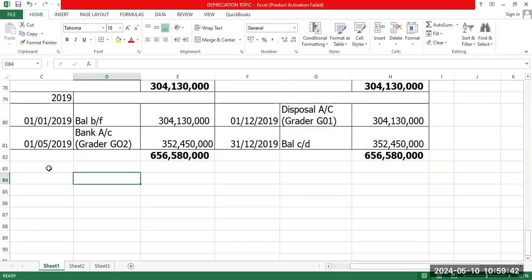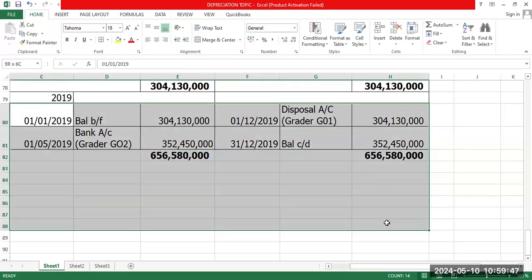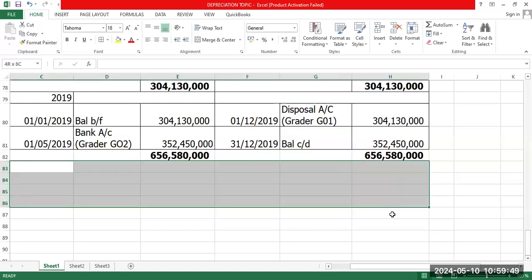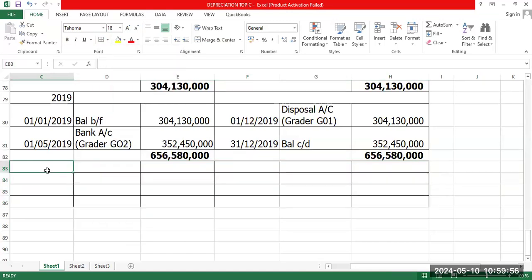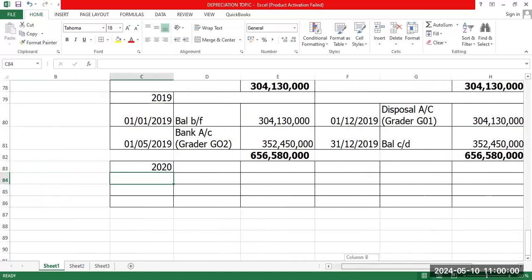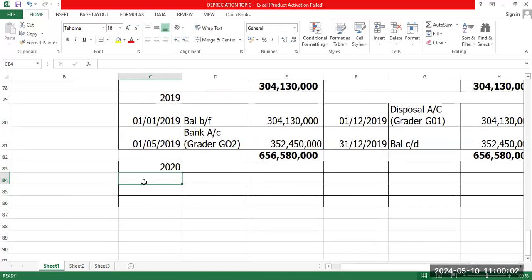So we proceed to the next year. The next year is 2020. We are starting our year, 1st January 2020, with which balance? With this balance.